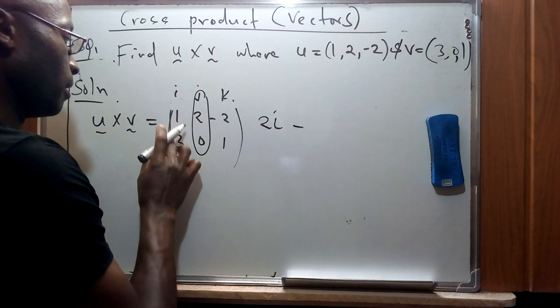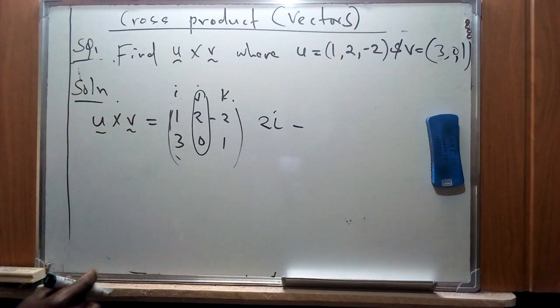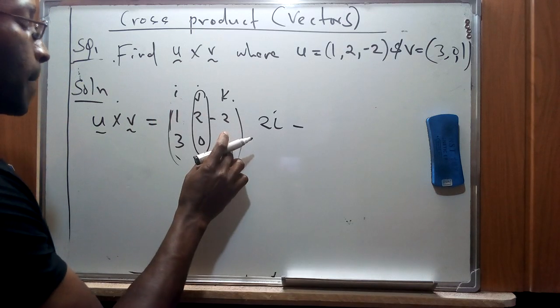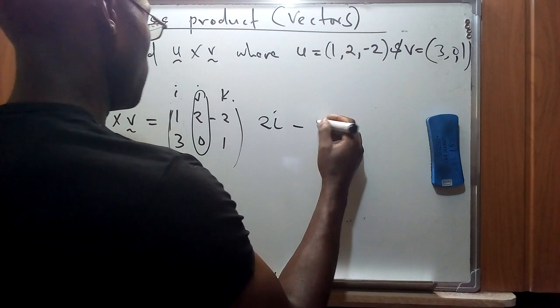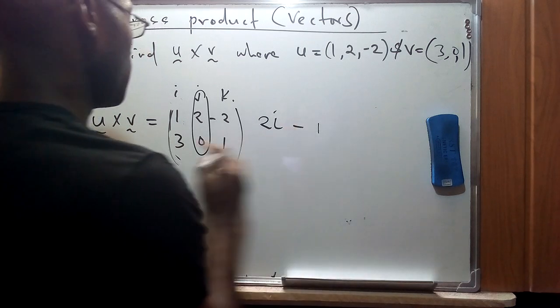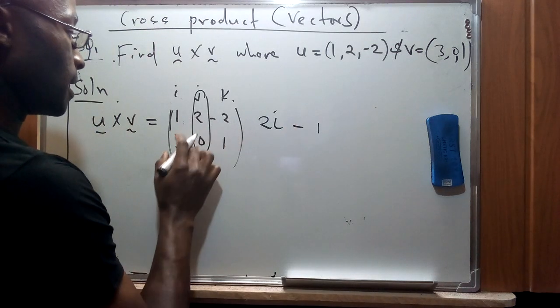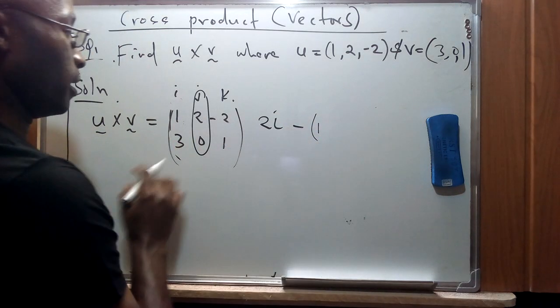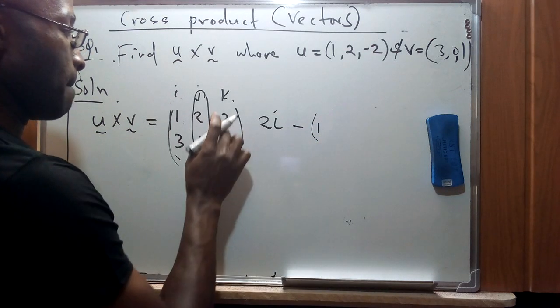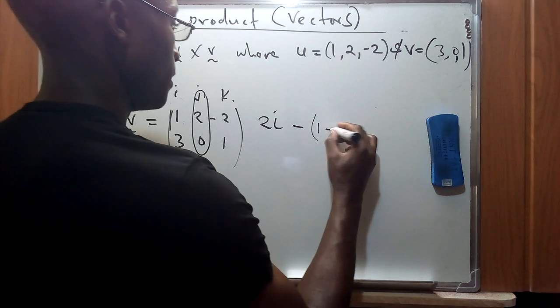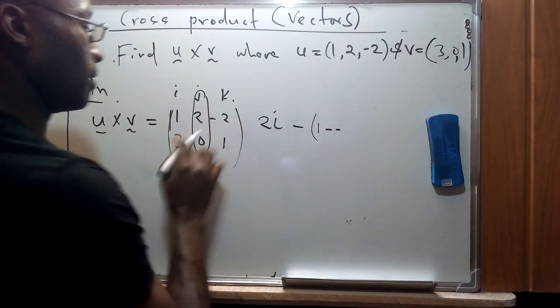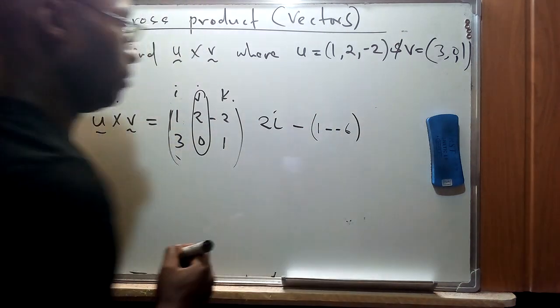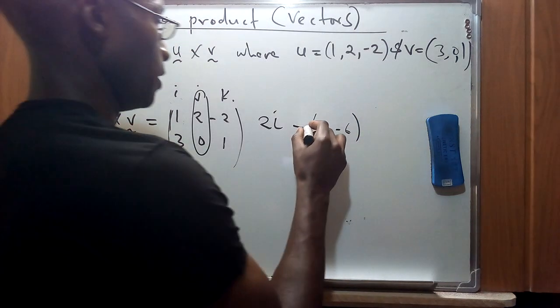So this is 2. The second one is a minus, so we are going to ignore this second column and try to find the determinant for the remaining part. So this is going to be 1 minus 6, and this is for j.